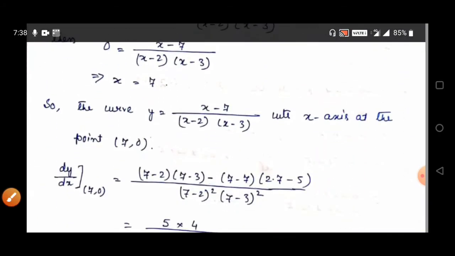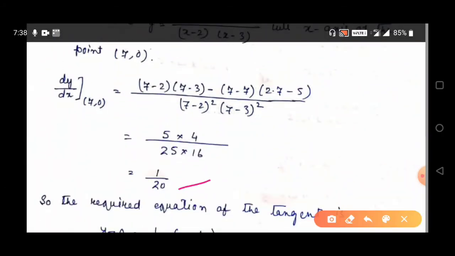The slope of the tangent can be found by dy by dx at the point (7, 0). So from here we will get 1 by 20.